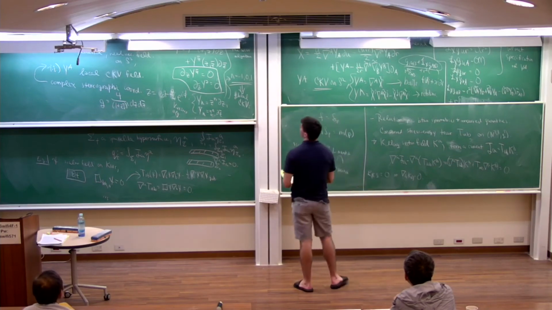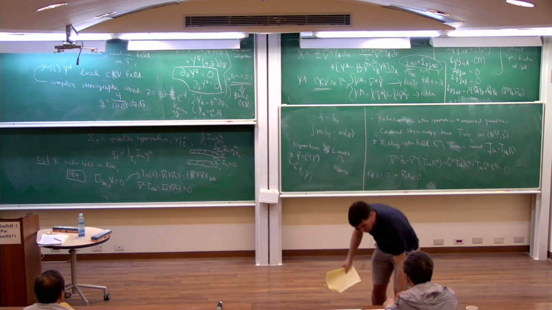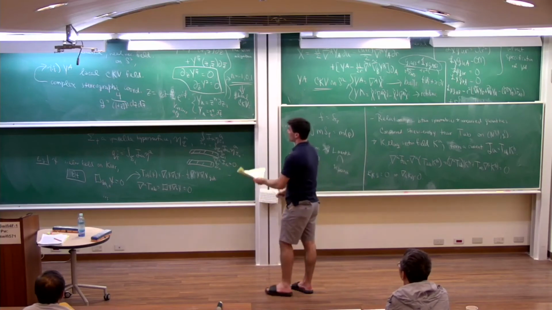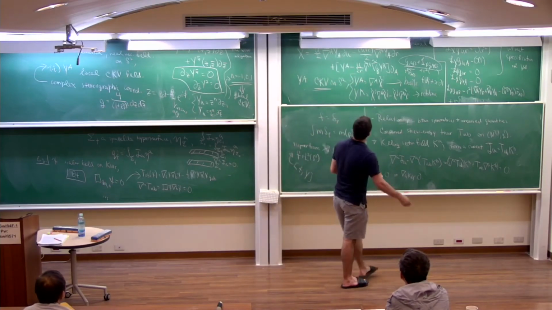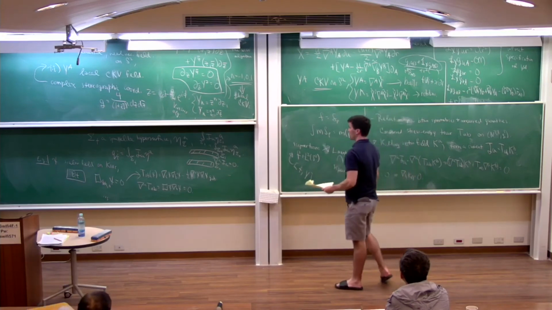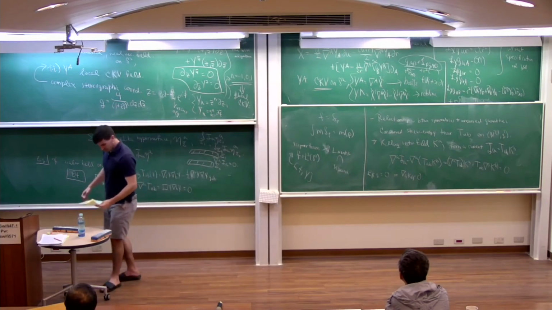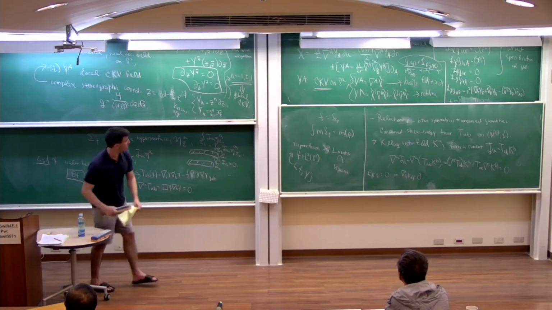And then the hope is to get something like, well, spatial translations ought to give you linear momentum, and then finally, ordinary rotations and boosts ought to hopefully give you some notion of center of mass and an angular momentum. Yeah, so let me write that down somewhere.